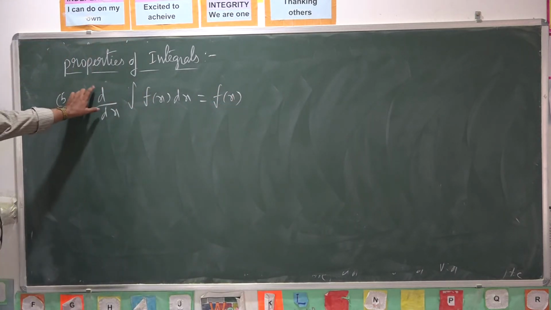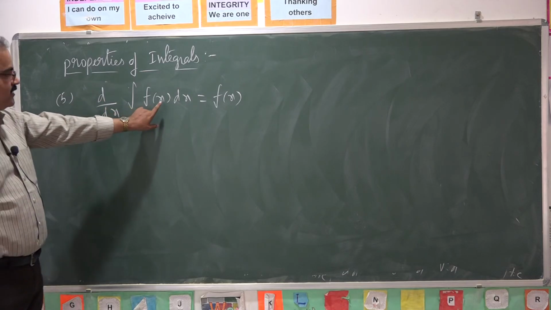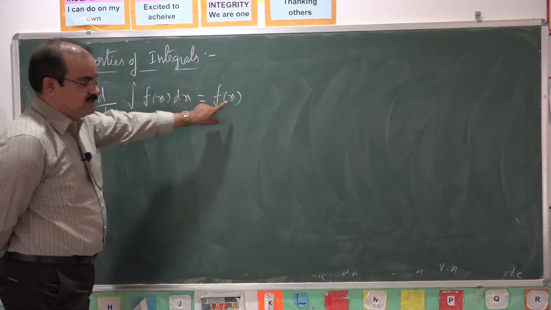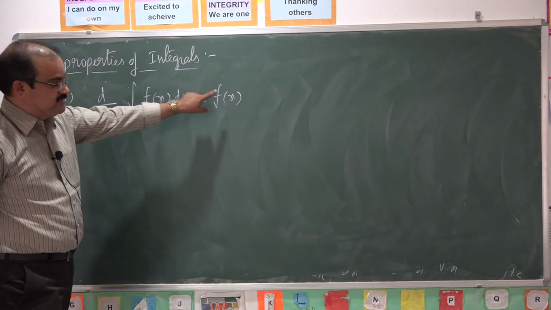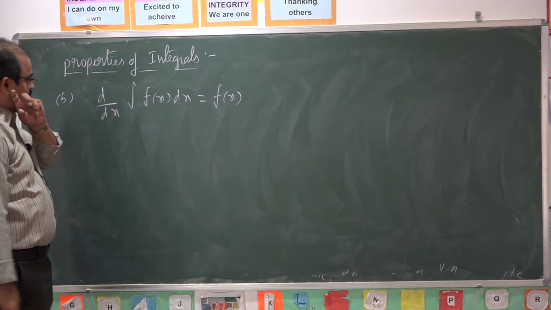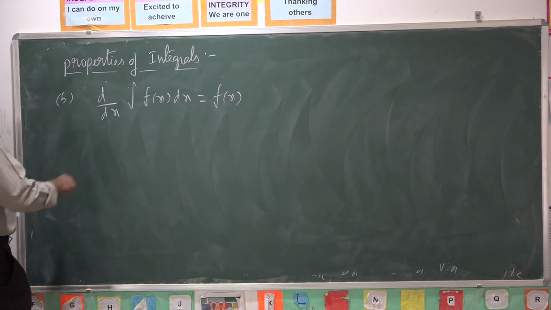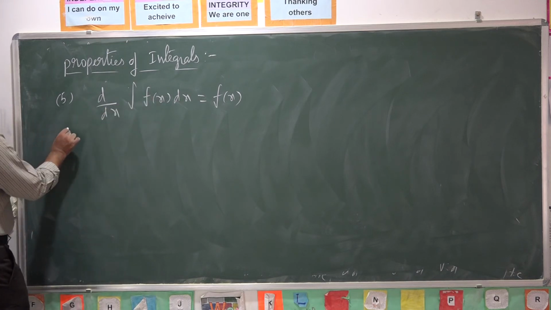See here, derivative of integral of f of x is f of x. Derivative of integral of any function is itself. Now we see how we get that.